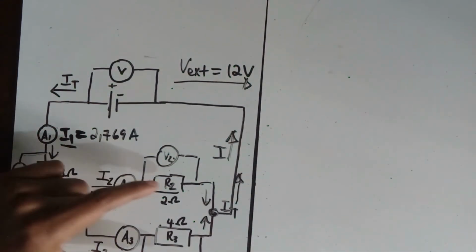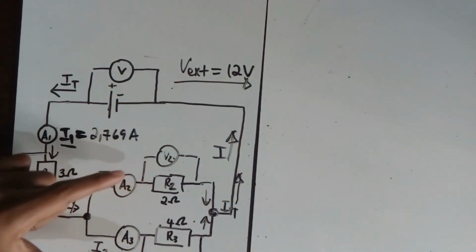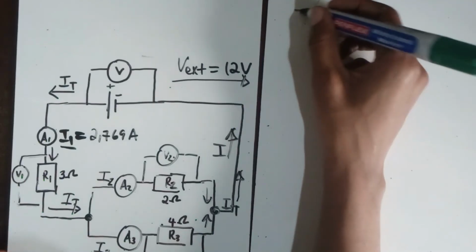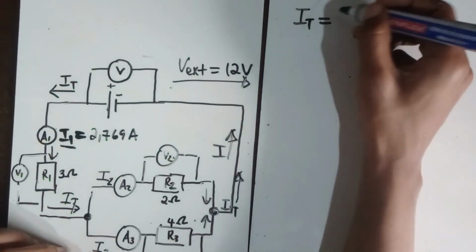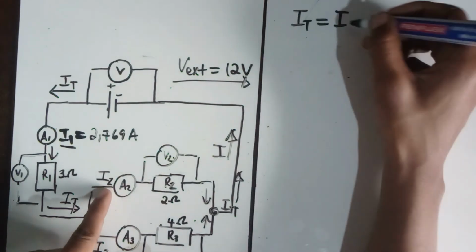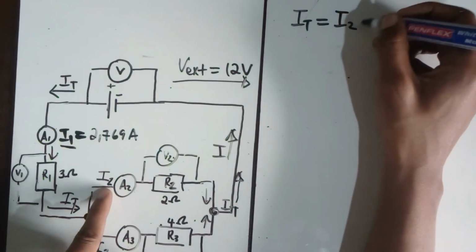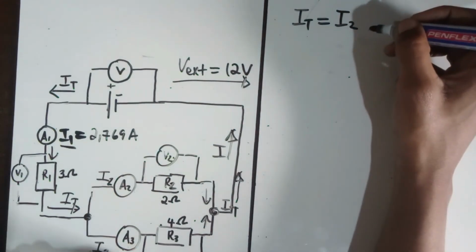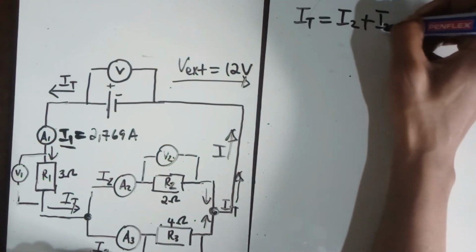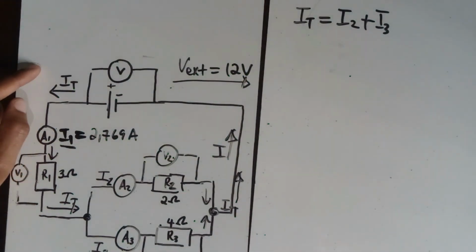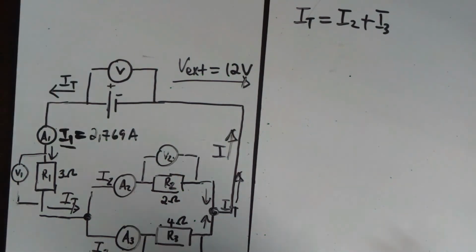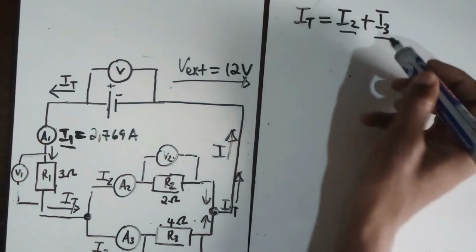They are connected in parallel, meaning they are current dividers, so that IT that is coming is going to be split between the current at this branch, which we called I2, as well as the current on this branch, which we call I3. We know how much IT is, but we don't know what I2 as well as I3 are.